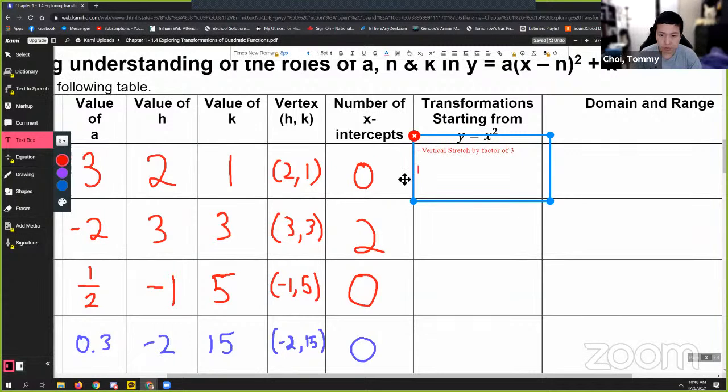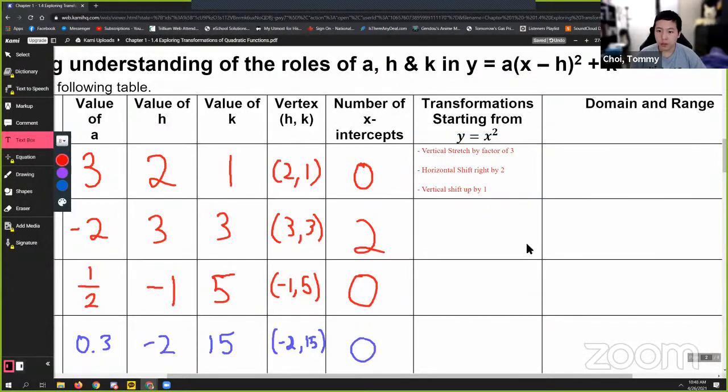It's a positive number, so it opens up. We don't need to write anything for that. Then we say horizontal shift right by 2, because H is positive, and then vertical shift up by 1. So those would be the 3 transformations for our first one here, just looking at our A, H, and K values.